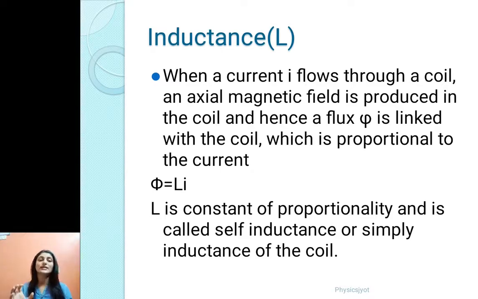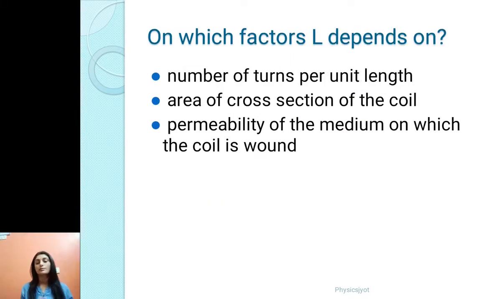So flux is proportional to current I, and if we remove the proportionality sign, we get phi equals L i, where L is the constant of proportionality, called self inductance, or simply the inductance of the coil. This L depends upon the number of turns per unit length, second, the area of cross section of the coil, and third, the permeability of the medium on which the coil is wound.